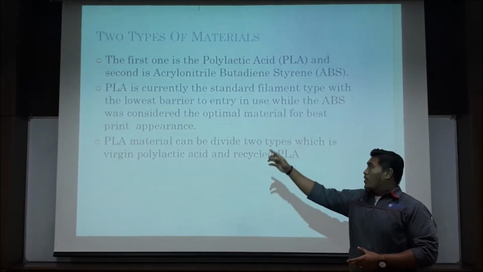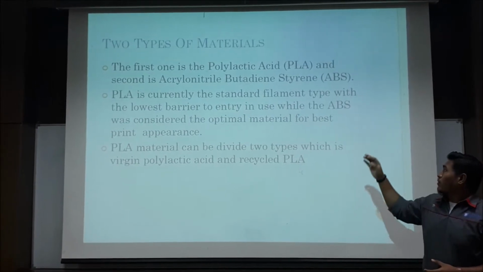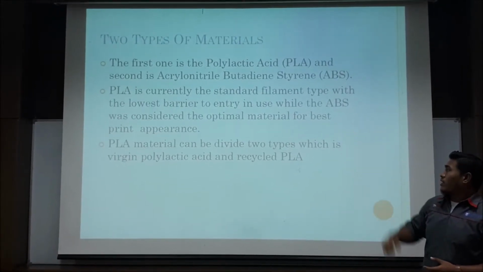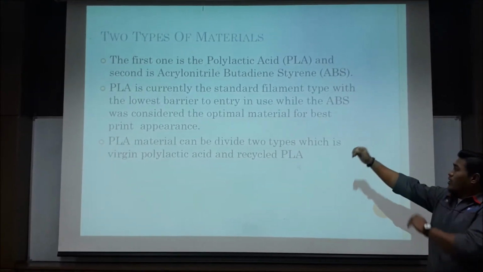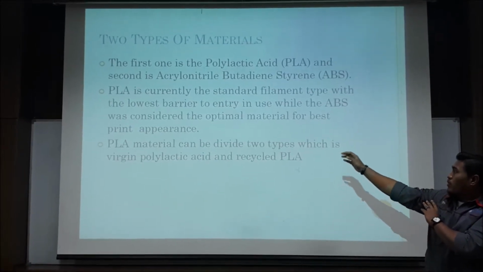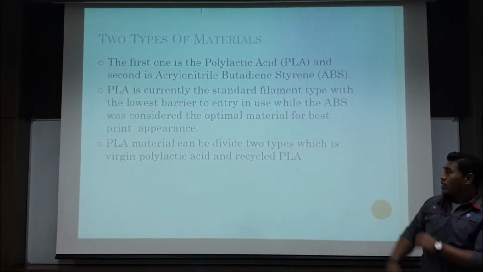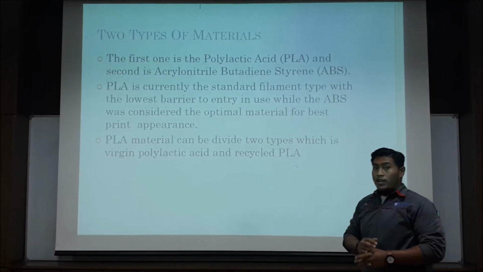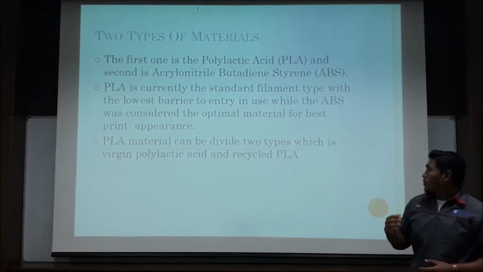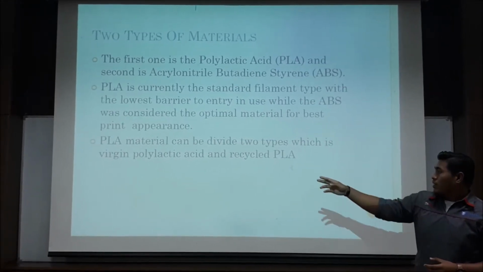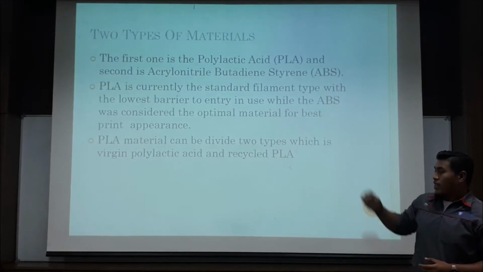For our vision, PLA is currently the standard filament type with the lowest barrier to entry in use, while ABS is considered the optimal material for the best print experience. PLA material can be divided into types: the virgin, the volatile and the recycled PLA.